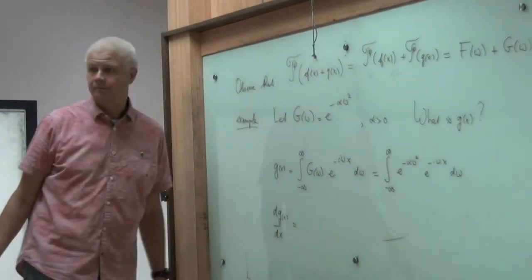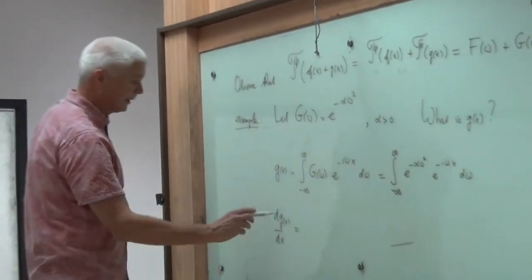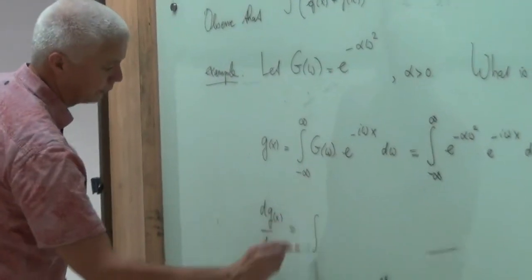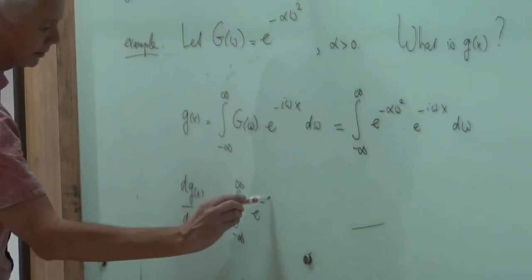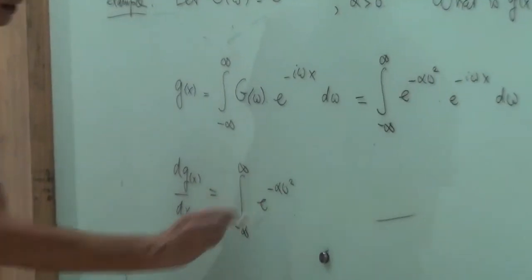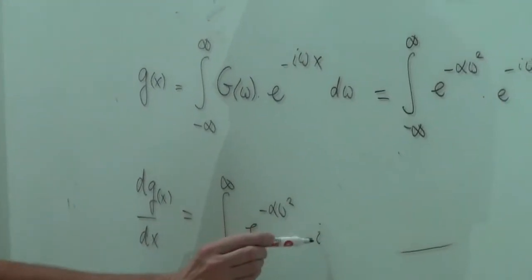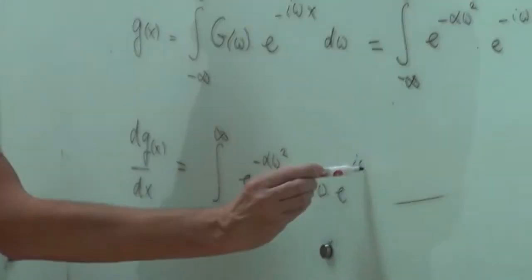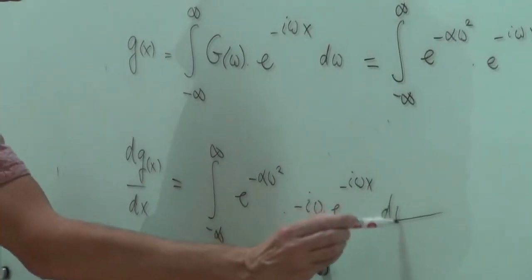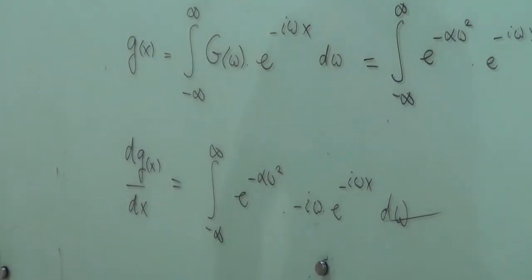And the only x dependence is here. What you then get is the following. You will get the integral from minus infinity to plus infinity e to the power minus alpha omega squared times minus i omega e to the power minus i omega x d omega.